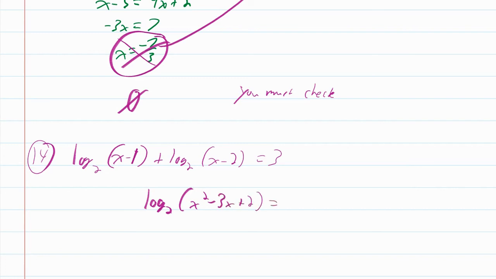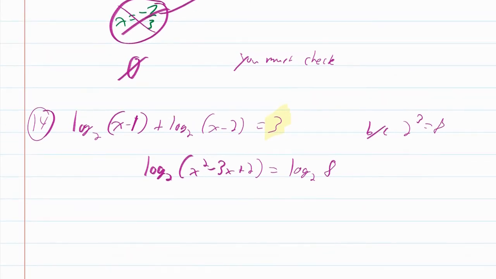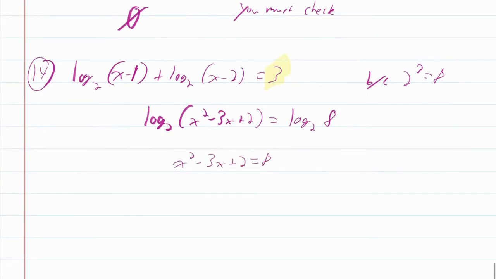And we're going to make the right side completely change to become a log expression, so that 3 is actually the log base 2 of 8. Remember, that's because 2 cubed equals 8. So I'm taking 2, raising it to the 3 to get to this 8. And that means that my equation becomes x squared minus 3x plus 2 equals 8, or x squared minus 3x minus 6 is equal to 0.